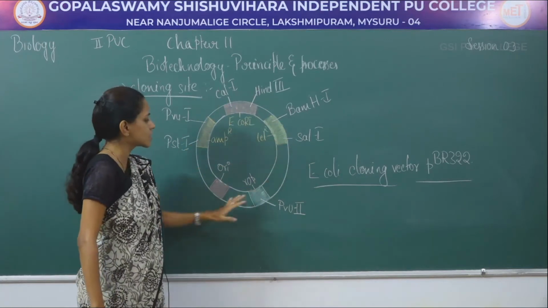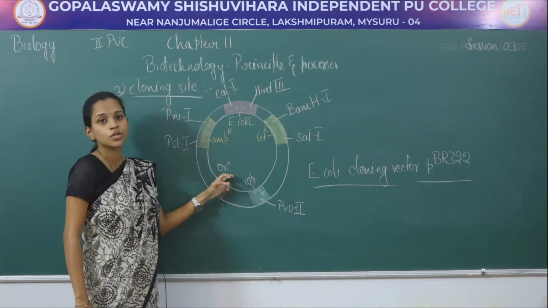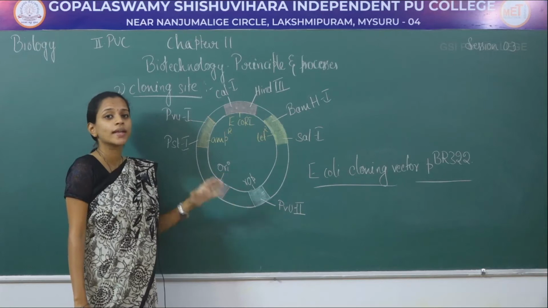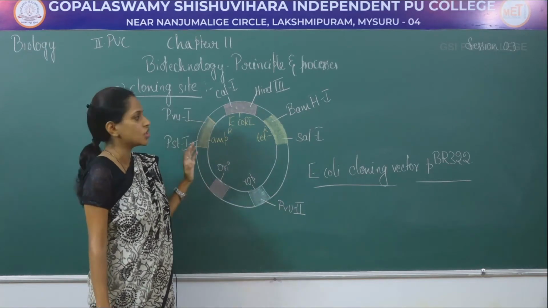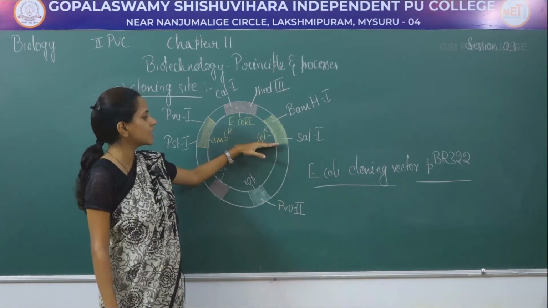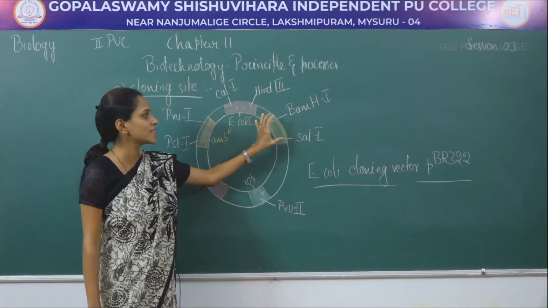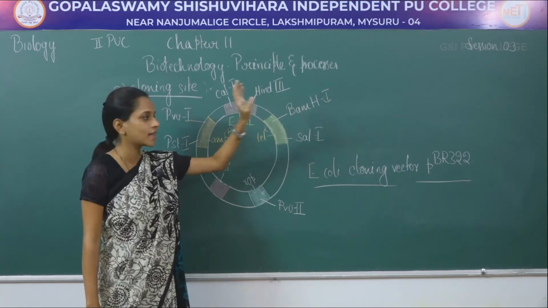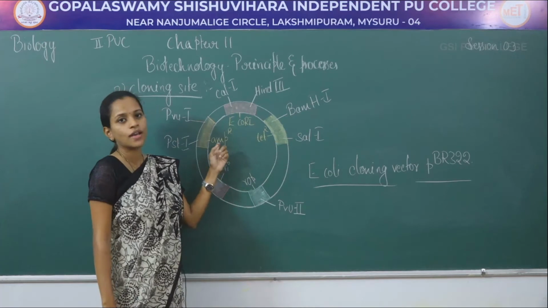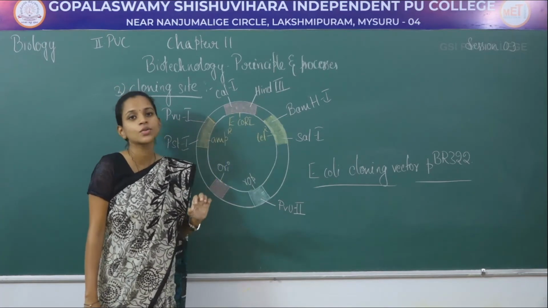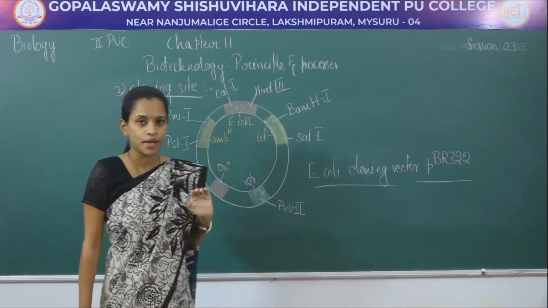So, this is the structure and this is the region which is called ORI, and it is the region where the replication initiates. And here you can see that TET is the region which is resistant to tetracycline, and ampicillin or AMP is the region which is resistant to this particular antibiotic.